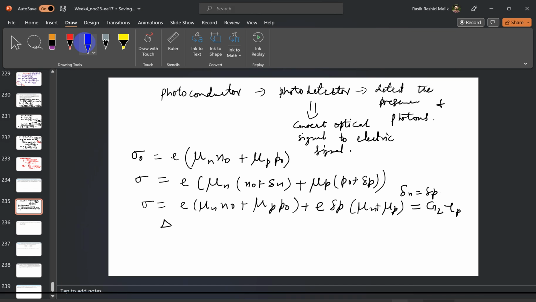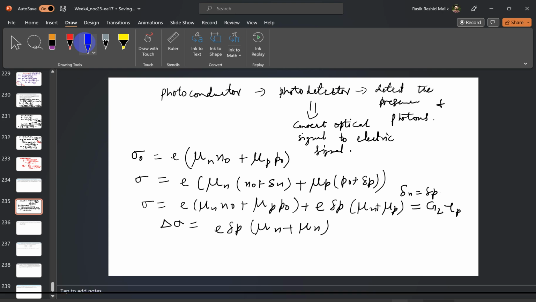We can calculate the change in the conductivity, delta sigma, as the difference sigma minus sigma0. So this is e delta p (mu_n + mu_p). This is the photoconductivity.